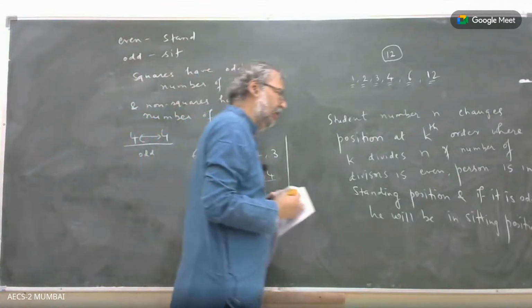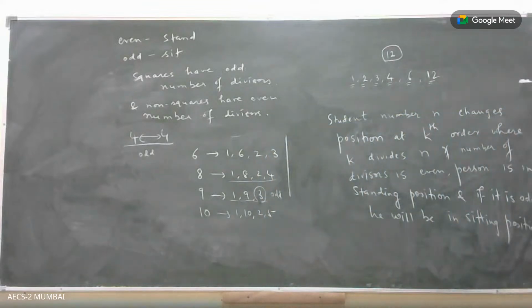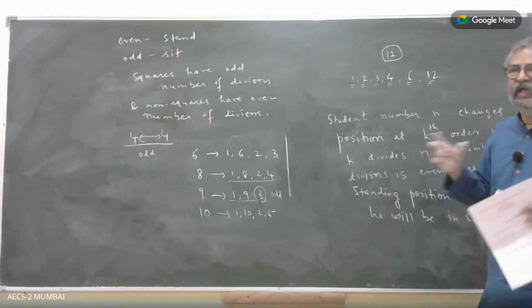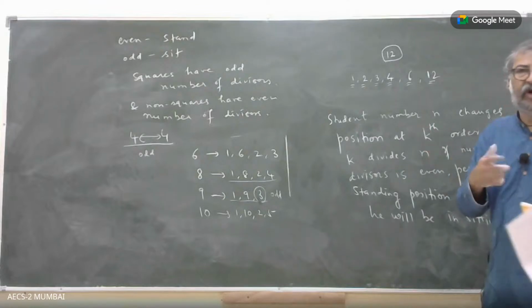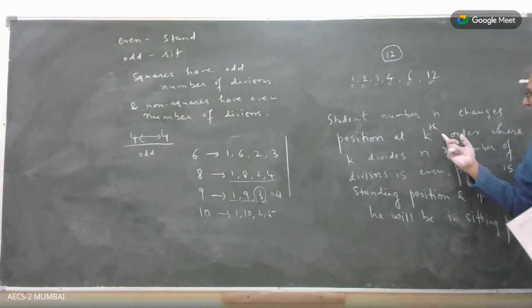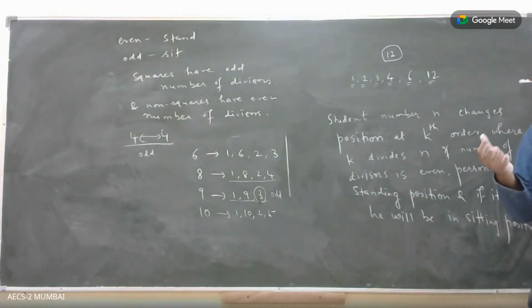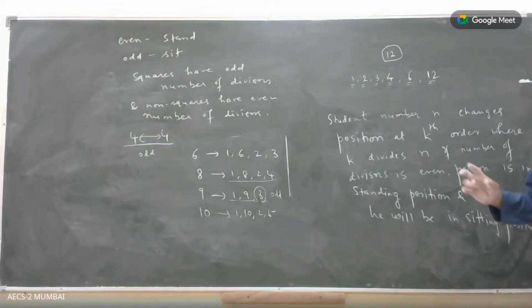Yes, once again look at the argument. Given any number n, anything, say 10, 20, 30, whatever, right? At what order does it change position? At order k, where k is a divisor of n.